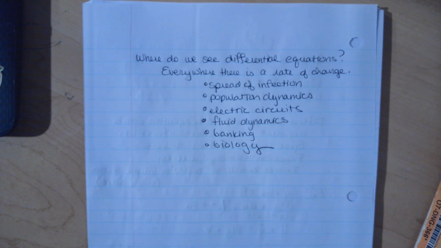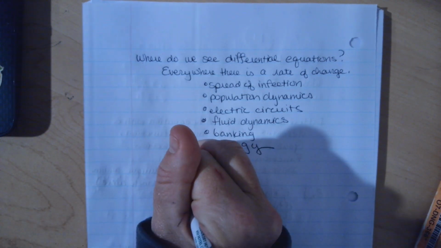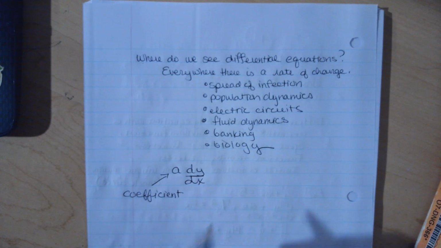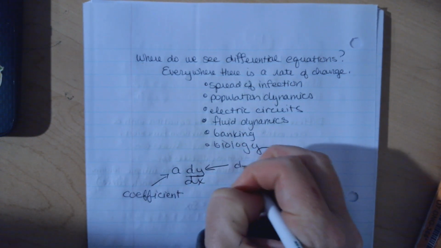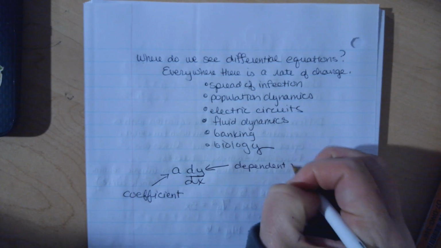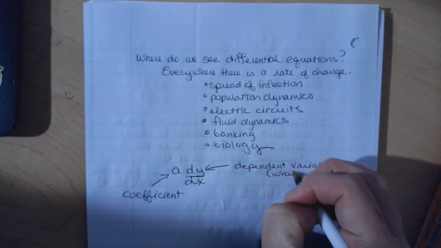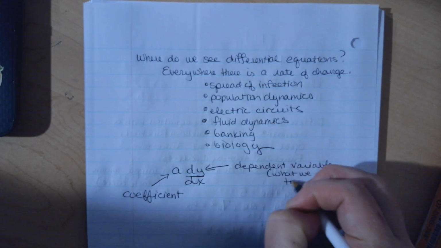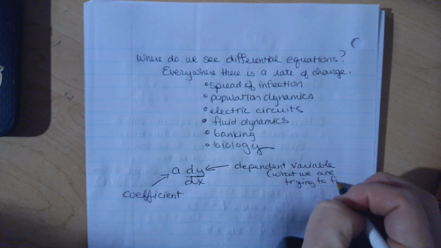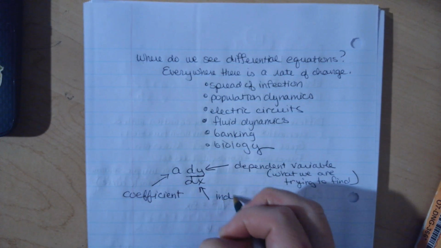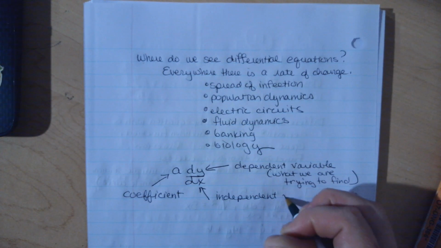Let's talk about just parts of differential equations. If I have an a dy/dx, this, of course, is my coefficient. Y is my dependent variable. This is what we're trying to find. And then this x is our independent variable, which you know, right?